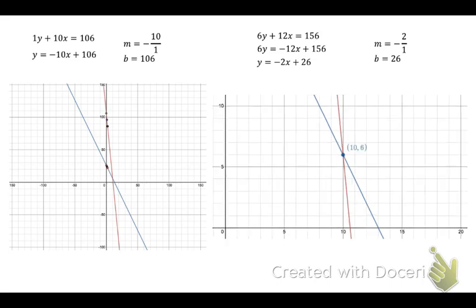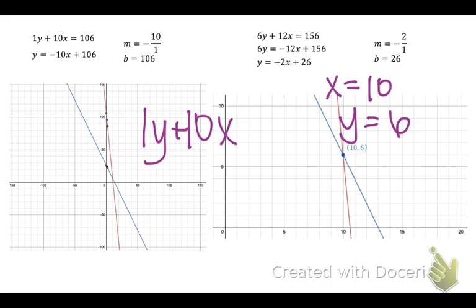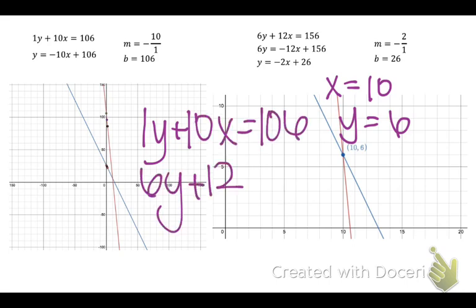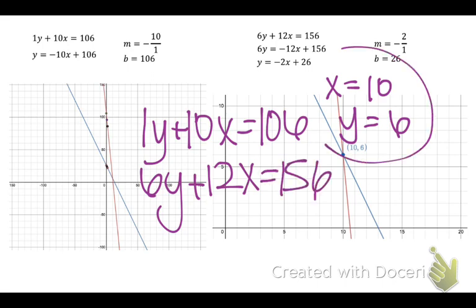Yeah, I just zoomed in, and they cross right there at 10, 6, which means that the x value equals 10 and the y value equals 6 when we put these equations right next to each other. So if I did 1y plus 10x equals 106 and 6y plus 12x equals 156, if we were to solve those out, you end up getting x equals 10 and y equals 6.